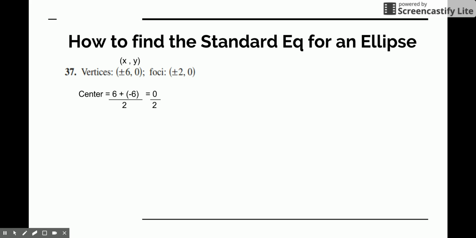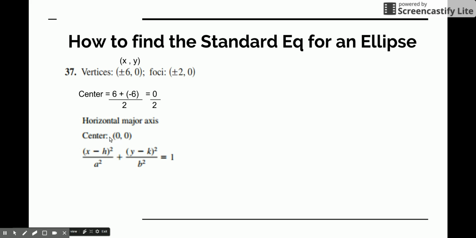To get the center, add the 2 points together and divide by 2, and that'll be 0. And you already know the y is 0 in both vertices, so k is also 0. So the center is (0, 0), and since it's a horizontal major axis, it's a horizontal ellipse, which makes it this equation, where a is bigger than b.